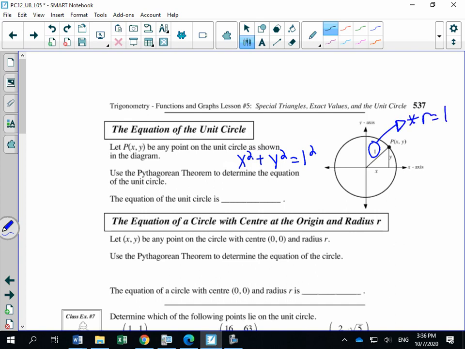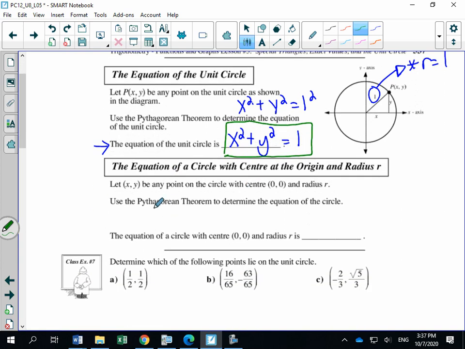So the equation of our unit circle is always x squared plus y squared equals 1. If ever we're talking about the equation of the unit circle, this is what they're referring to: x squared plus y squared equals 1.